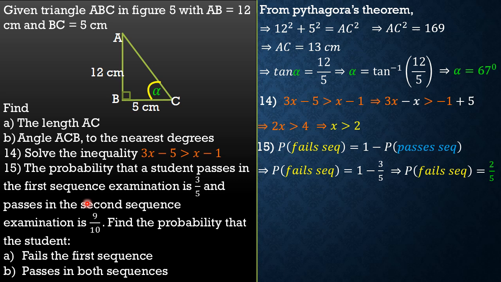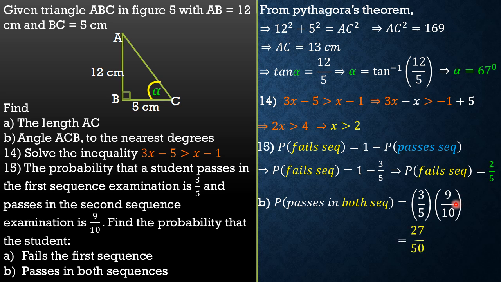And for independent events, the probability that both events occur is gotten by multiplying the individual probabilities. So the probability that the student passes in both sequences has to be the same as the probability of the student passing in the first sequence times the probability of the student passing in the second sequence. We are going to have 3 over 5 multiplying 9 over 10. So this is going to give us 27 over 50. So that's it, guys.